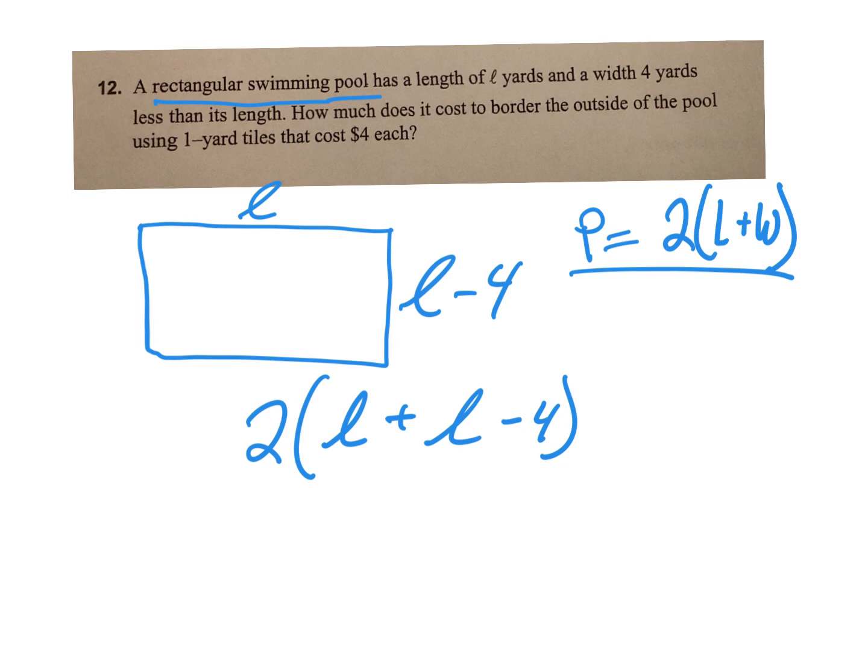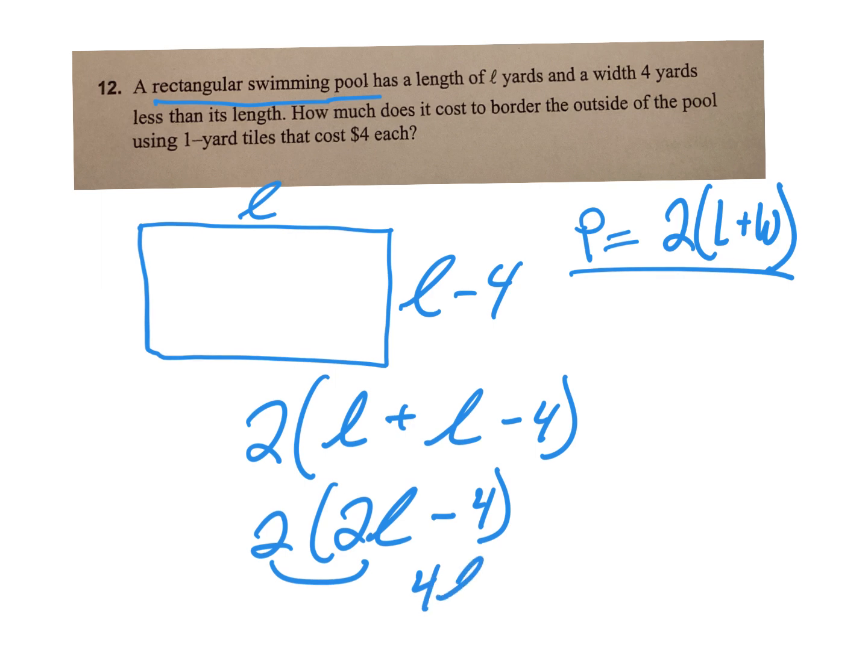And when I put those together, I get 2 times 2L minus 4. Now let's distribute this. 2 times 2L is 4L, and 2 times negative 4 is minus 8.